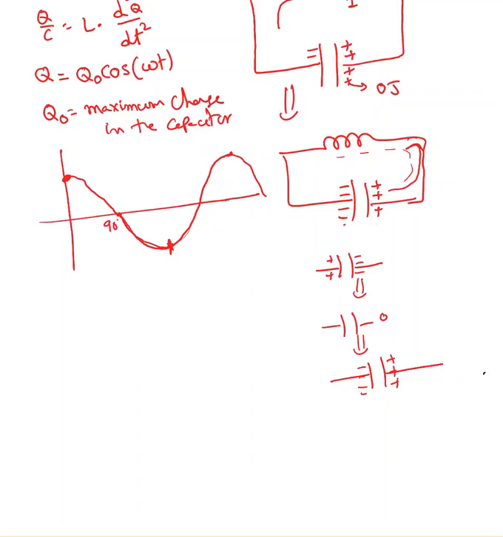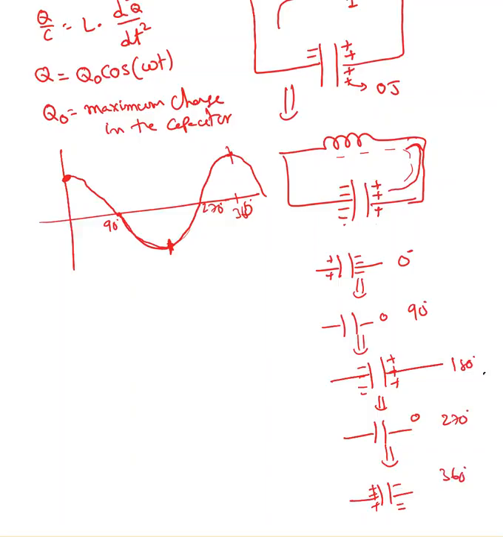This is at exactly 180 degrees. After 180 degrees, again this becomes 0, so that is 270 degrees. At 360 degrees, again this is positive and this is negative. So this is 0 degrees, 90 degrees, 180, 270 and 360.